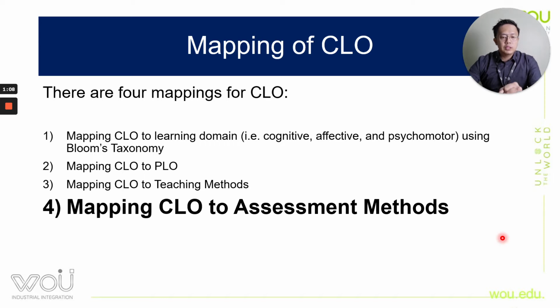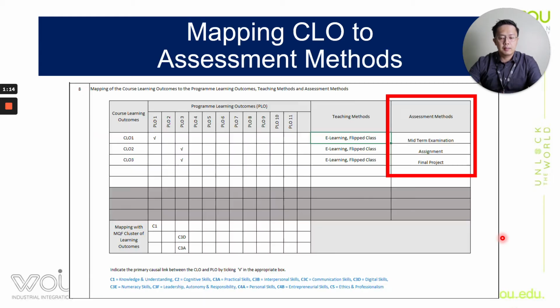So this video will be covering the last part of the mapping of CLO, which is mapping your CLO to your assessment method. We can see that in your COPA documents table 4, so you not only need to do the mapping between the CLO and the PLO, but also the mapping between the CLO and the teaching method, and also your CLO to your assessment method.